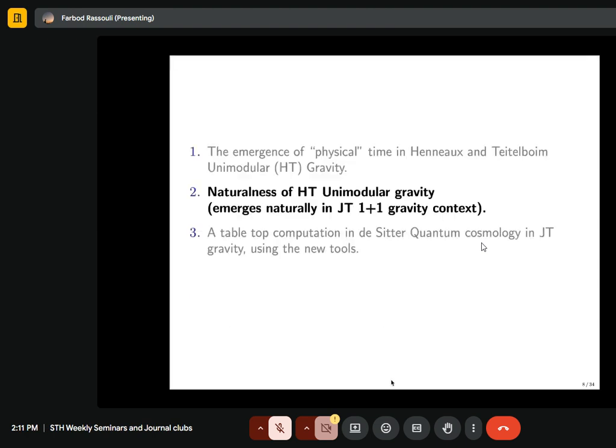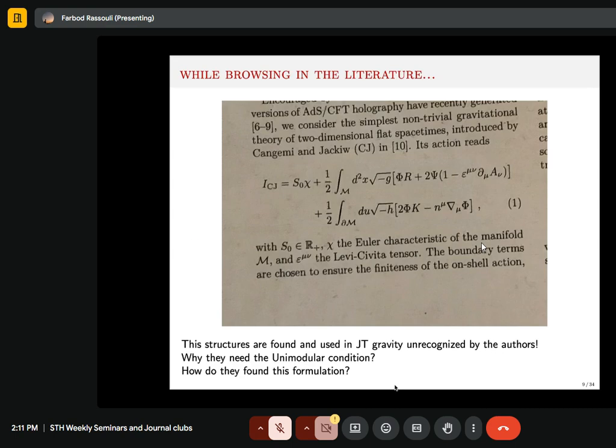So now that we have understood a little bit of this technology, let's see how it is natural in JT gravity and how it arises. First, I want to put here a paper of Hamid Afshar.